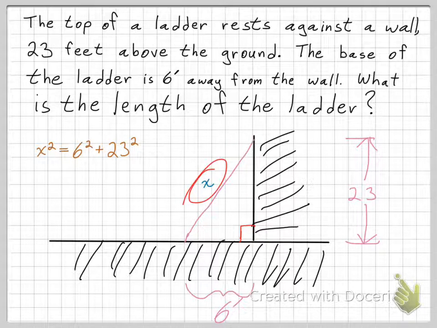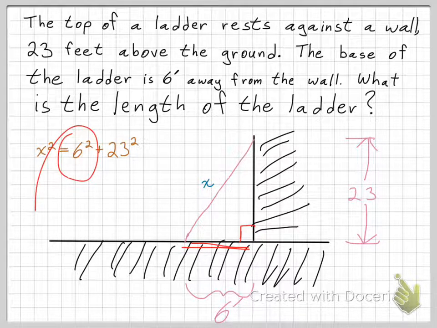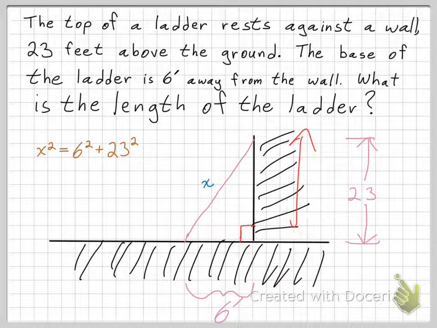The length of the ladder in this case is the hypotenuse. The hypotenuse squared is equal to one leg squared, so 6 squared, plus this length, which is 23 squared. Okay, so that's the Pythagorean theorem and how it applies to the length of this ladder.